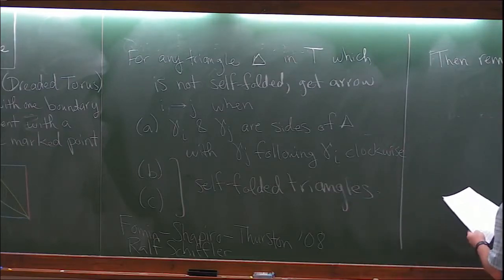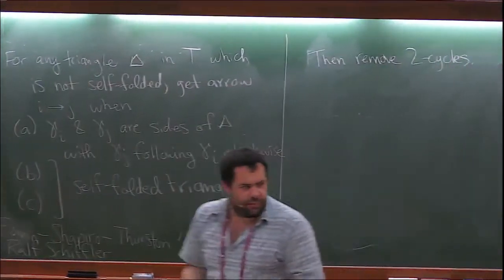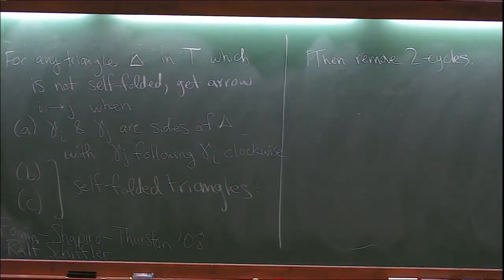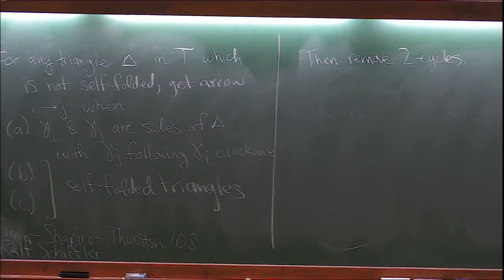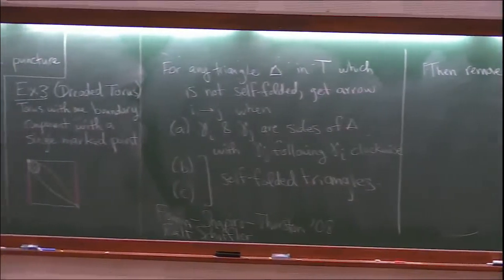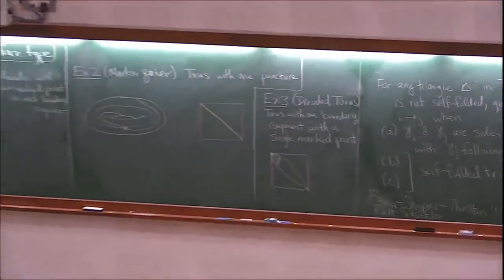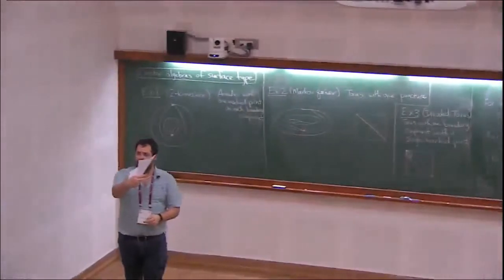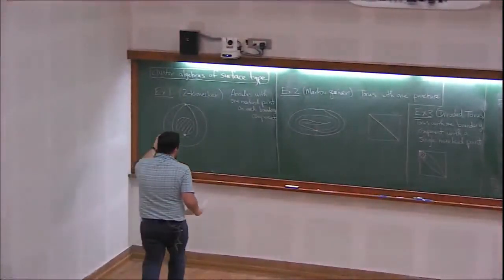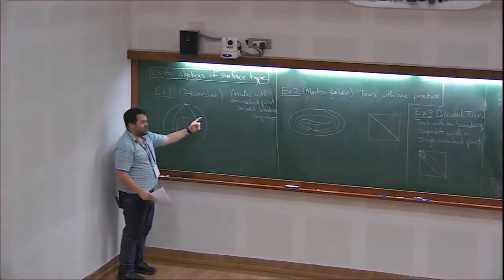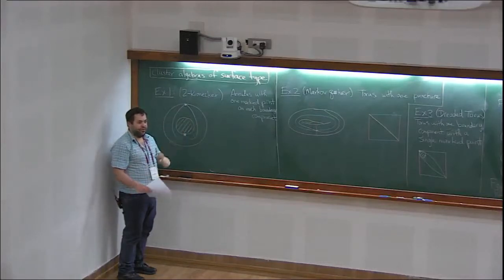So instead of stating this, let me show you in these examples. I'll go back here, and I'll get a quiver. I've told you the answer: it should be the 2-Kronecker, which has two vertices and two arrows pointing in the same direction. I'm going to get a bunch of frozens, but if you ignore the frozens, you get the 2-Kronecker that I gave you in the first lecture.